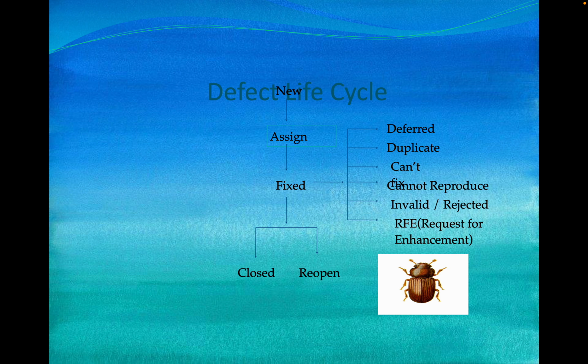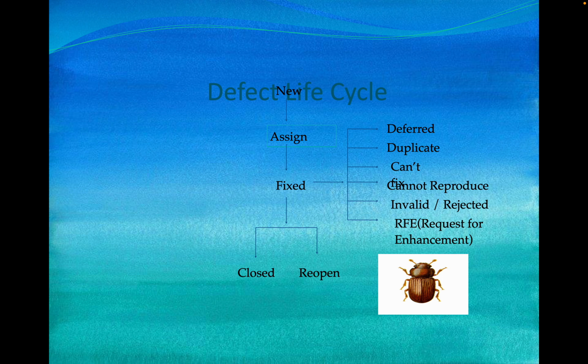If any of these reports is given by the developer, then the defect has to be rechecked, and if it comes back as a valid defect, then the developer has to rectify the defect again, and give the status as closed or reopen.